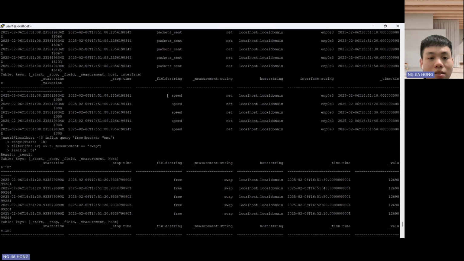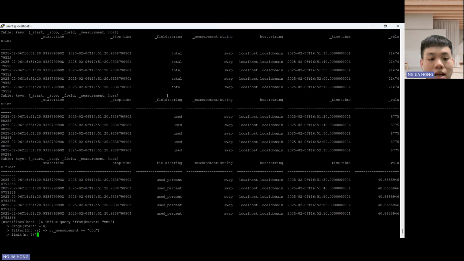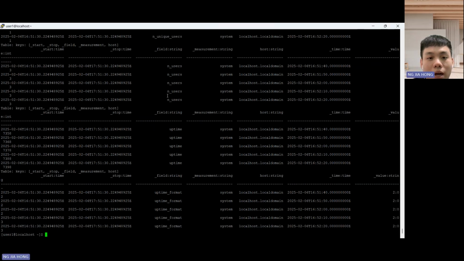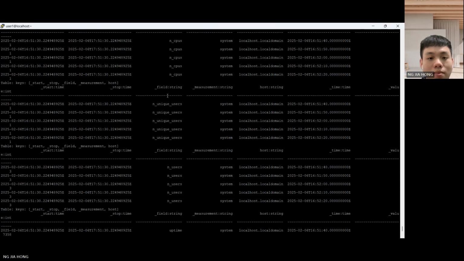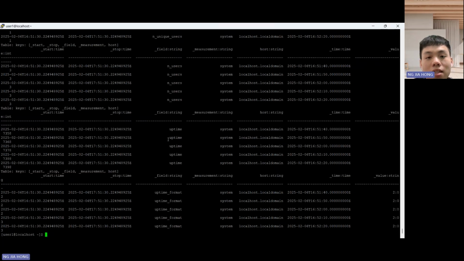So these are all the data for the swap metric. And lastly will be the system metric. So this is the load and uptime of the system data. So that's all for the data in InfluxDB.